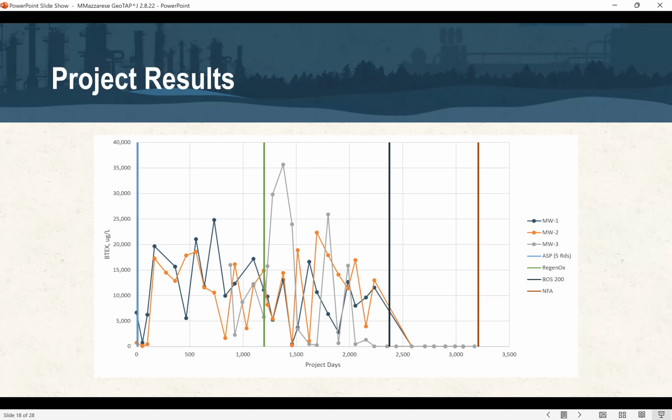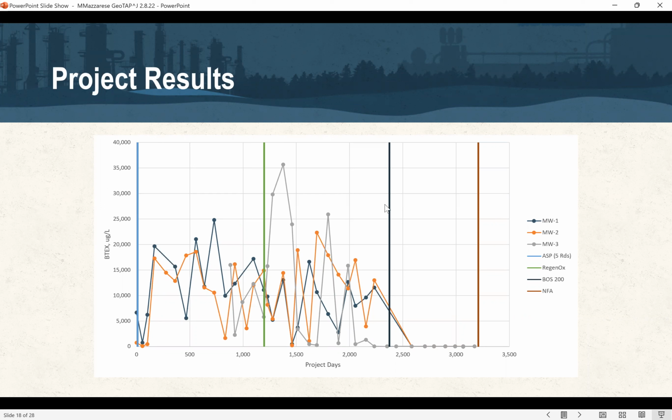Between all those chemical oxidation events, we just see a lot of variability. I think we just couldn't get access to where the mass was. At this particular site, there was a lot of mass underneath the road adjacent to the site, and I don't think they were able to get enough material out there to get it properly distributed. So I had a lot of variability.